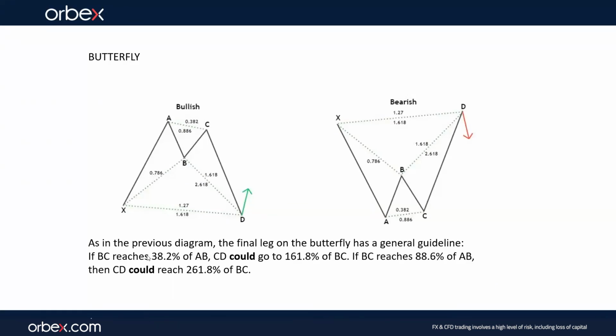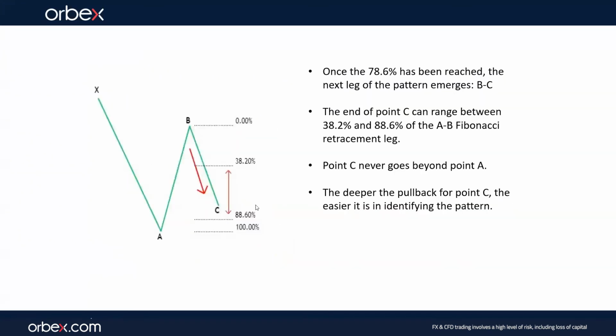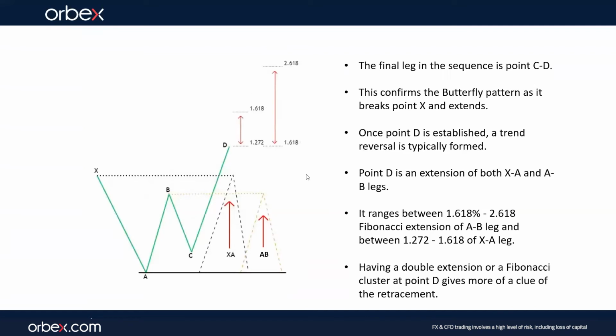And again, as in the previous diagram, the final leg of the butterfly is a general guideline. If B to C reaches 38.2% of A and B, then CD could go beyond 1.61. So basically what this means is if we get more of a downturn in here, there can be more of a push higher. If we get a shorter leg here, it can probably end below X or just above it. So this is the whole point of looking at different clusters.